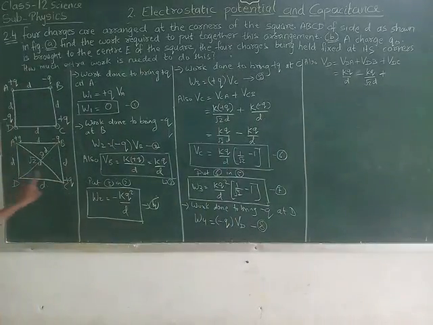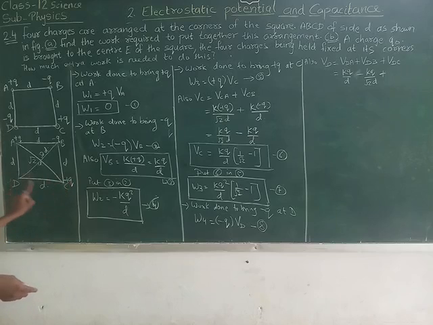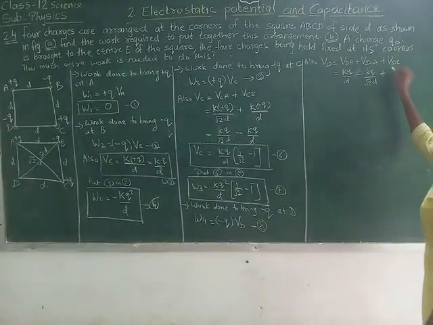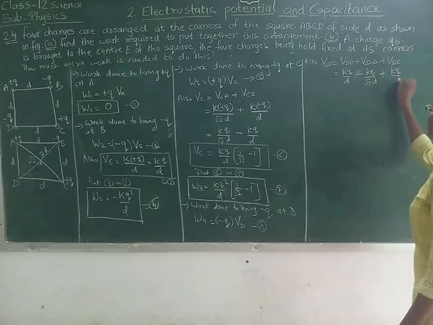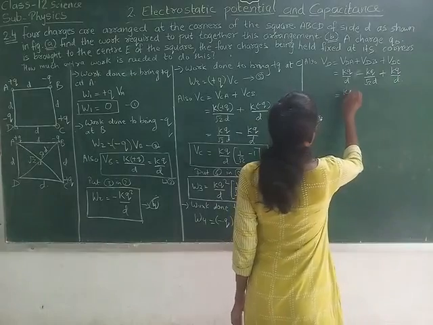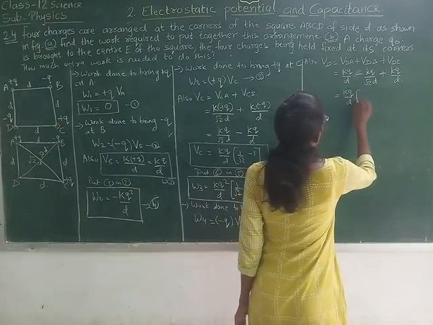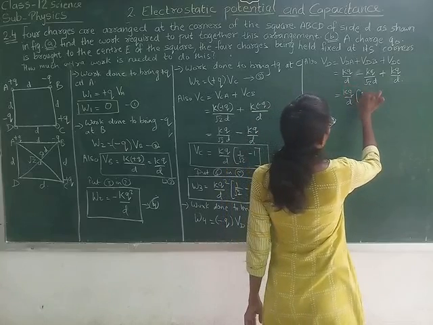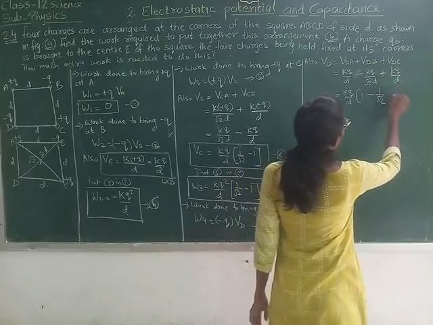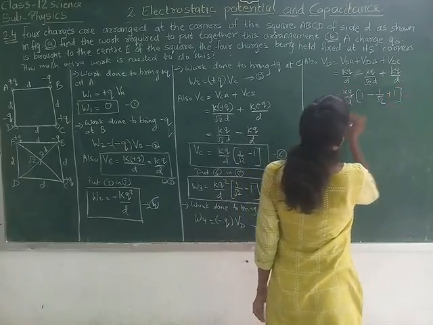potential at D due to charge at C. So that will be what? K into this plus Q charge upon distance between D and C, which is D. That is plus KQ upon D. Now taking common over here as KQ by D, here we are having 1 minus 1 by root 2, here plus 1.